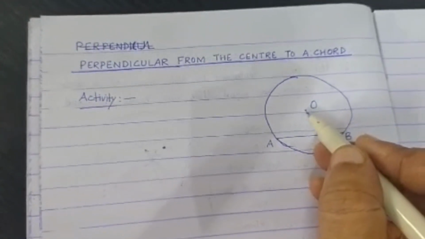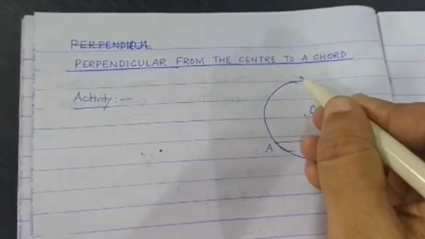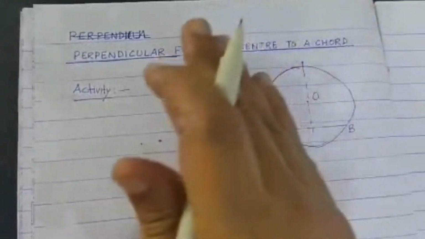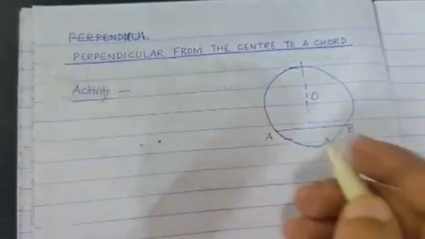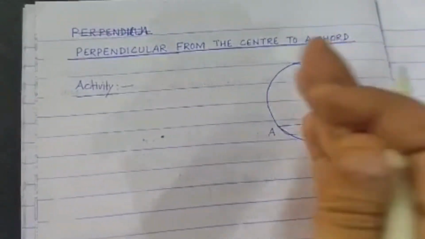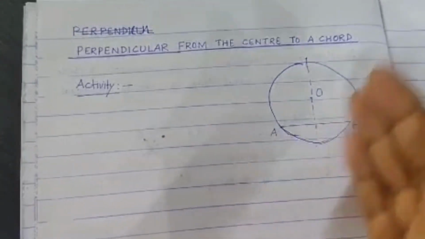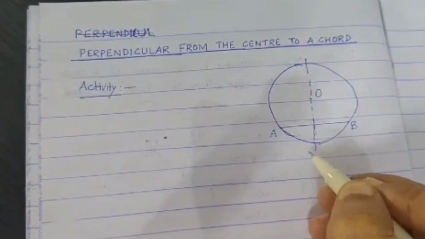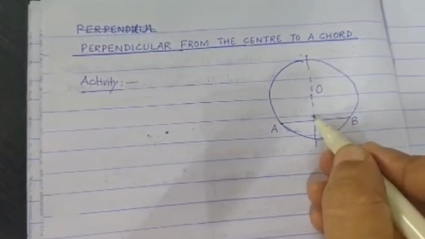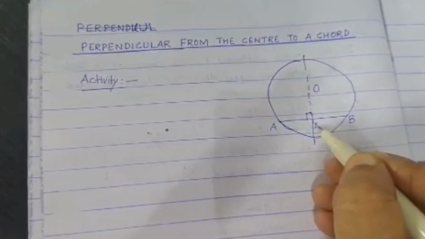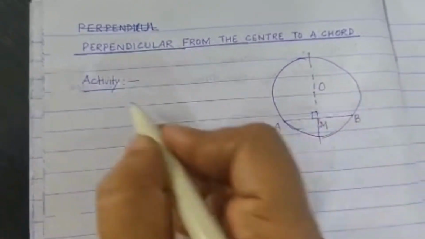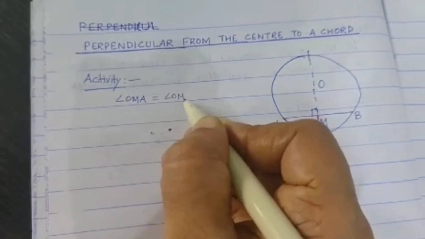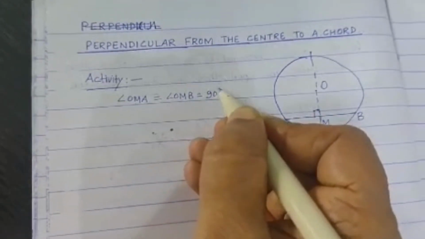Now fold the paper along a line through O like this. If you fold like this, you will find that this B is coinciding with A, and it totally covers it. And when you measure the angles, let us suppose this is point M, angle OMA and angle OMB, you will find that angle OMA is equal to angle OMB, and that is equal to 90 degrees.